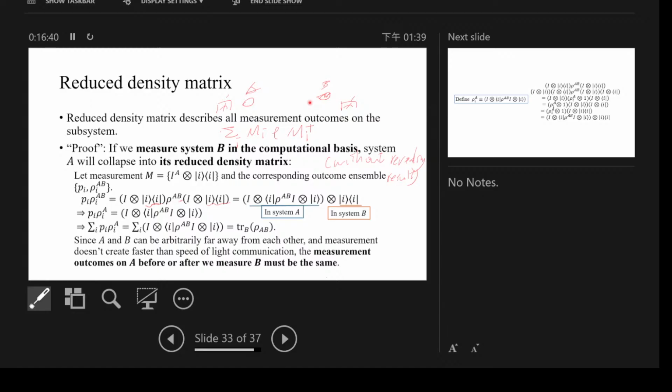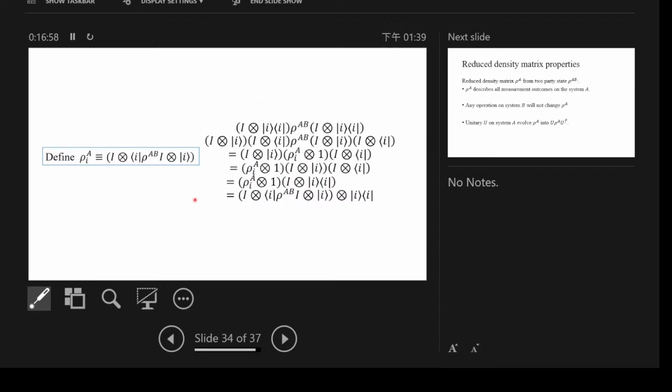Okay. Any questions so far? If not, I guess this equal sign here is quite confusing, so let's try to do this carefully to show that this is actually true. Okay, so we have this thing we want to show: identity tensor ket i, bra i projected on i, and rho AB, and identity tensor projected on i.